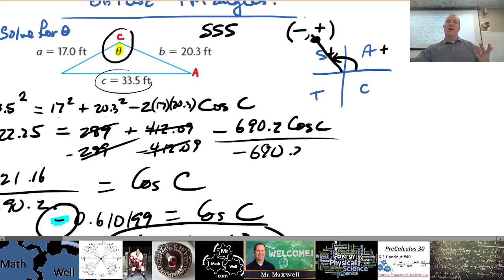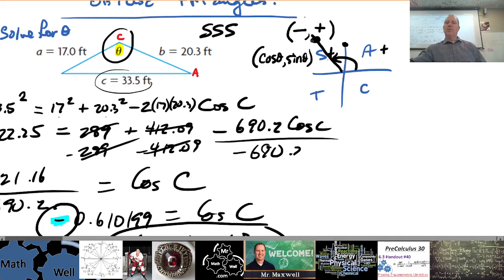Now what we did talk about, I'm pretty sure we did talk about in this class, was that the first coordinate of a quadrantal point, quadrantal angle, is the cosine, and the second coordinate is the sine. Well, that holds true for every angle, as long as that point is on the terminal arm of the angle.